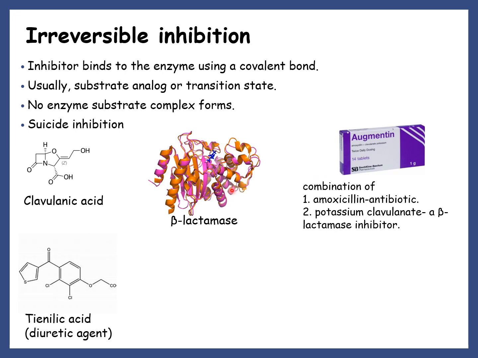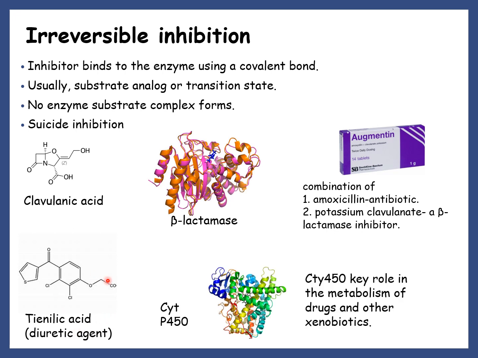Another important example is tienilic acid. This was a diuretic agent available in the market, but later on it was found that it is an irreversible inhibitor of cytochrome P450.